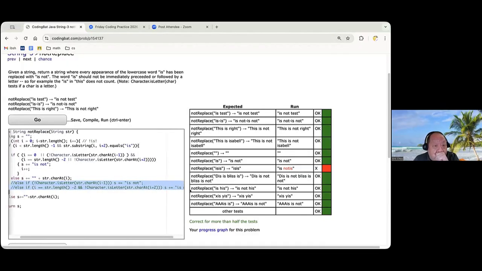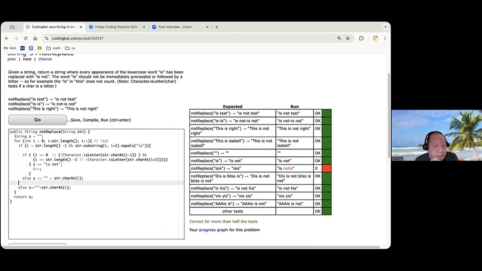These two, let's remove. So this one happens. We do it in a different way.